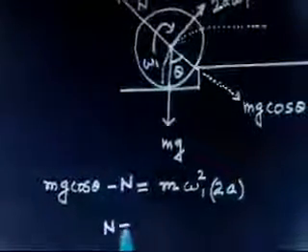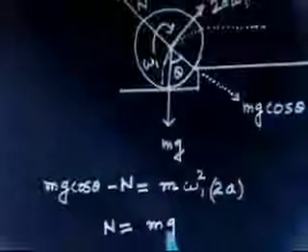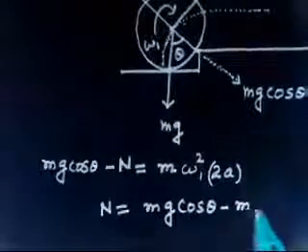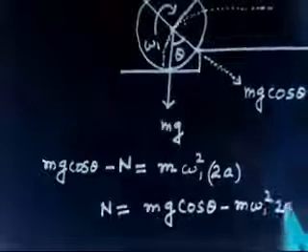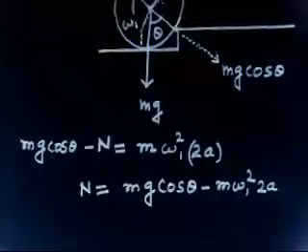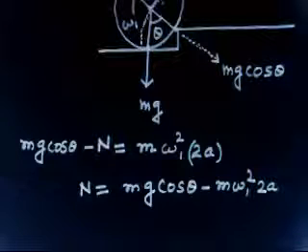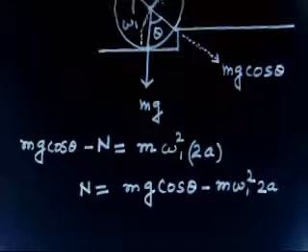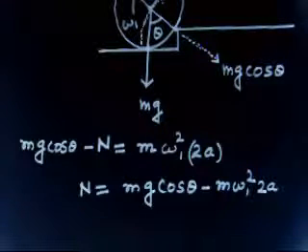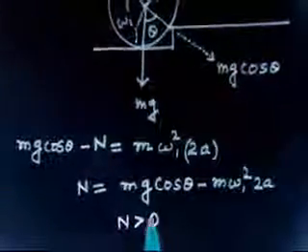From here the normal reaction will be mg cos theta minus m omega 1 square into 2a. Now this question says the sphere does not lose contact. So the sphere never loses contact with this hinge point, this step. So I can say the normal reaction has to be greater than 0.